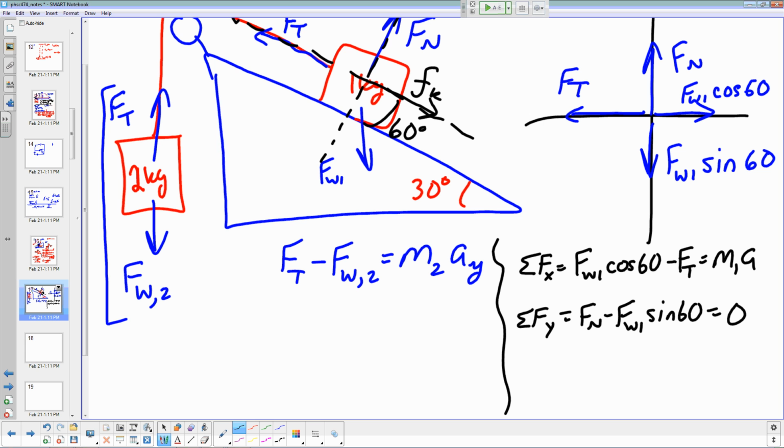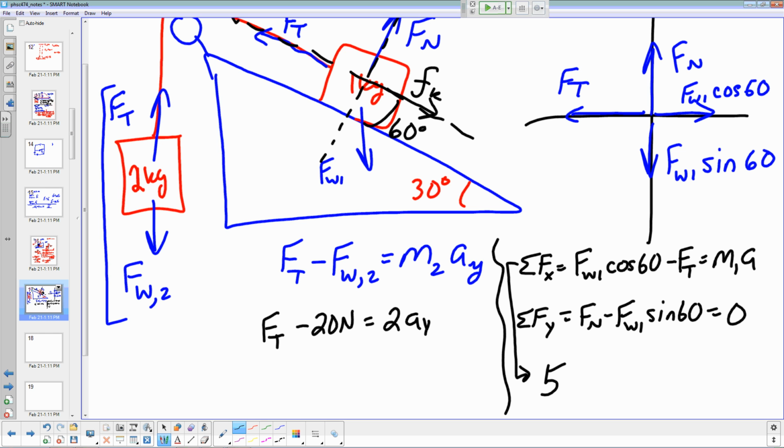So let's put in what we know here. On this one, I have Ft minus 20 newtons equals 2 times a. And over here, looking at the sum of the forces in the x direction, I have 10 times cosine of 60, which is 5. That's 10 newtons. Where am I?